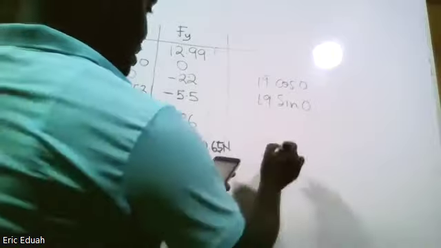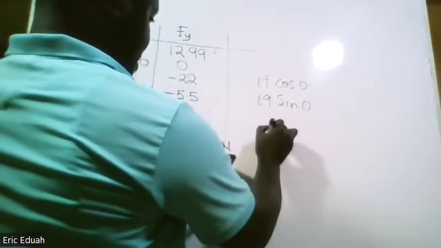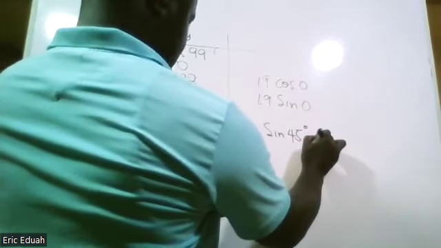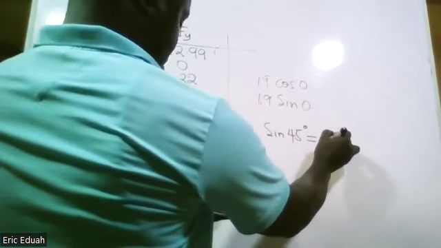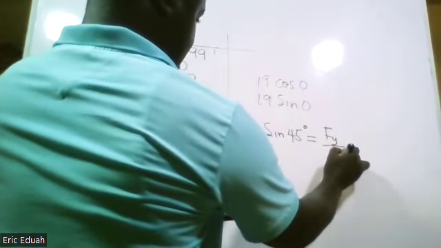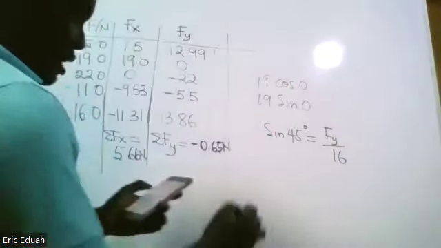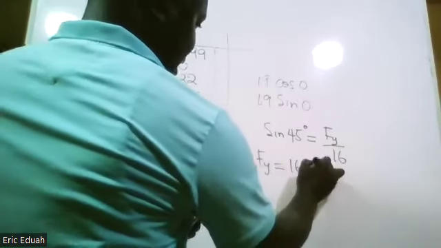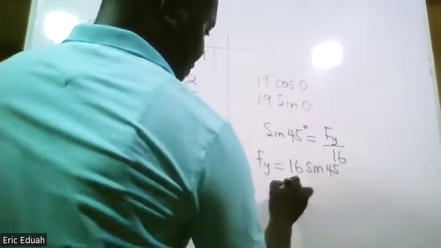Its y must be sine of 45 is equal to fy over 16, and fy is equal to 16 sine 45.